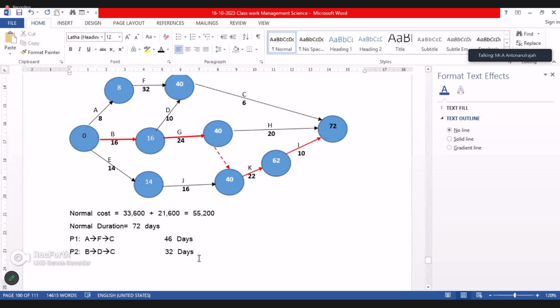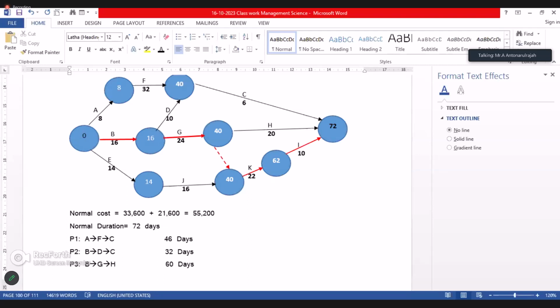Then the third one is about path 3. P3 is about B, D, E, G, and H. How many days? 40 plus 20, 60 days. 60 days.